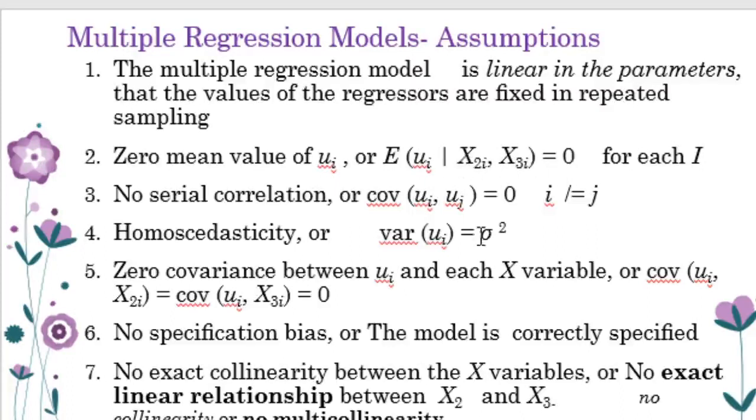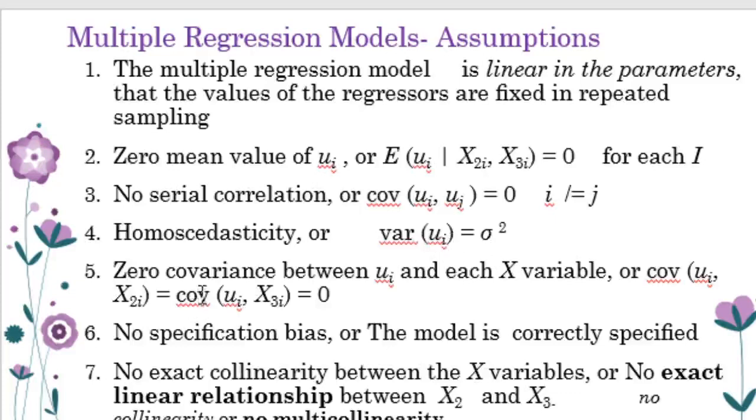Third one, no serial correlation, that is, covariance of ui uj equal to 0, where i not equal to j. And homoscedasticity is the fourth assumption, that is, variance of ui equal to sigma square.